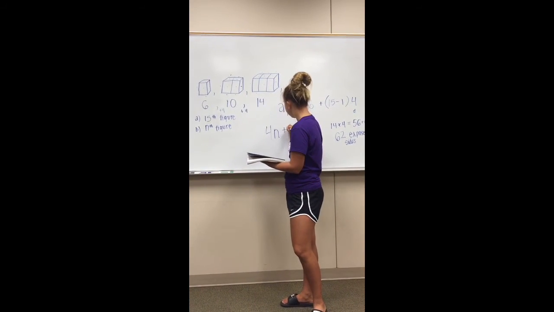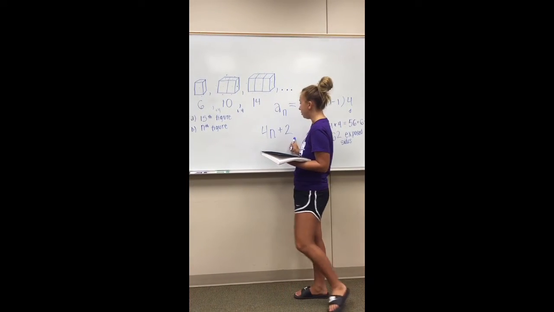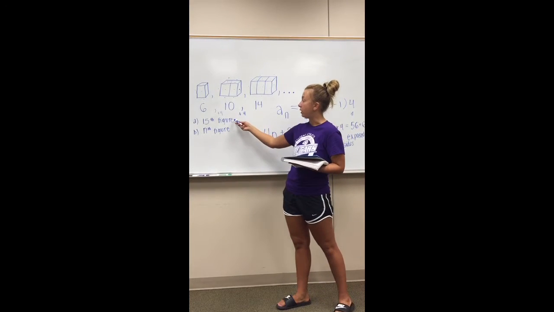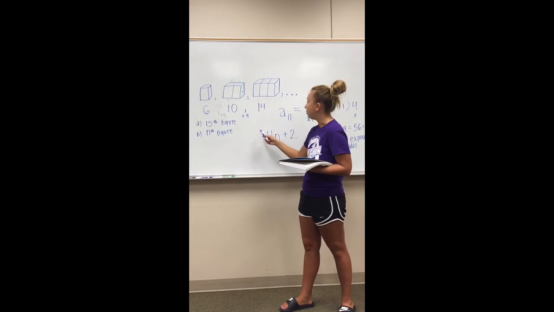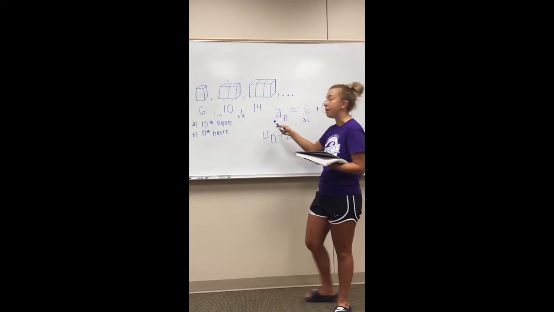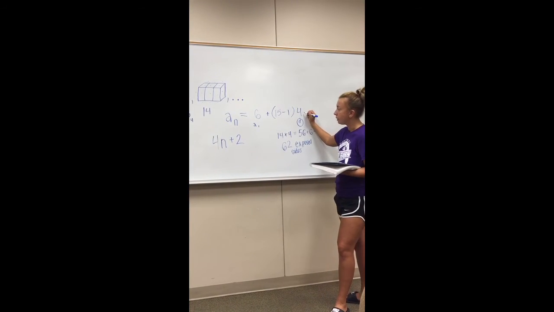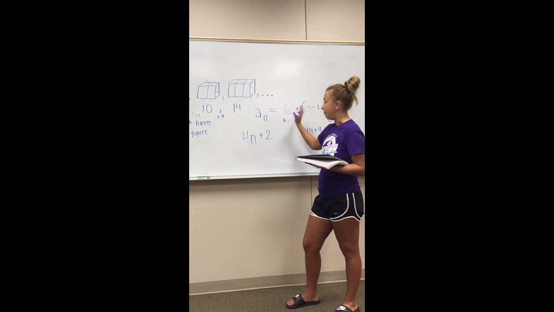4n plus 2. The reason why it would be 4n plus 2 is that we would know now from doing this one and figuring out how many sides each has, that 4 would be our difference number, which is why it's over here, because this would be our difference. And then this number right here is our a sub 1, which all equals a sub n.